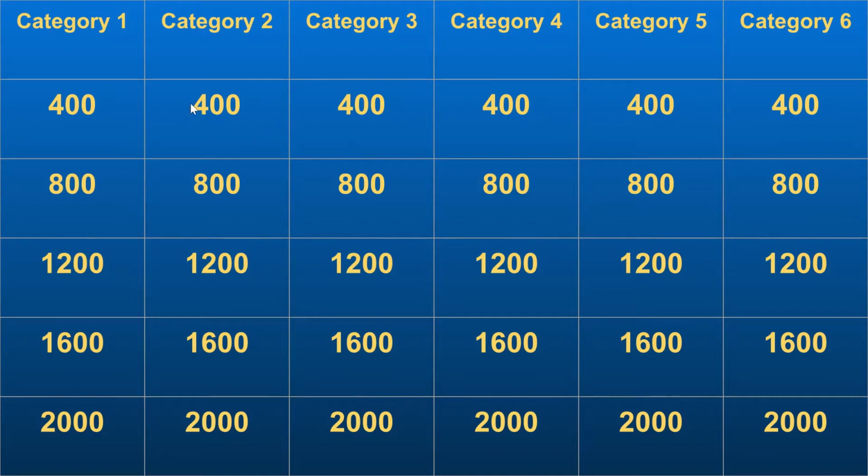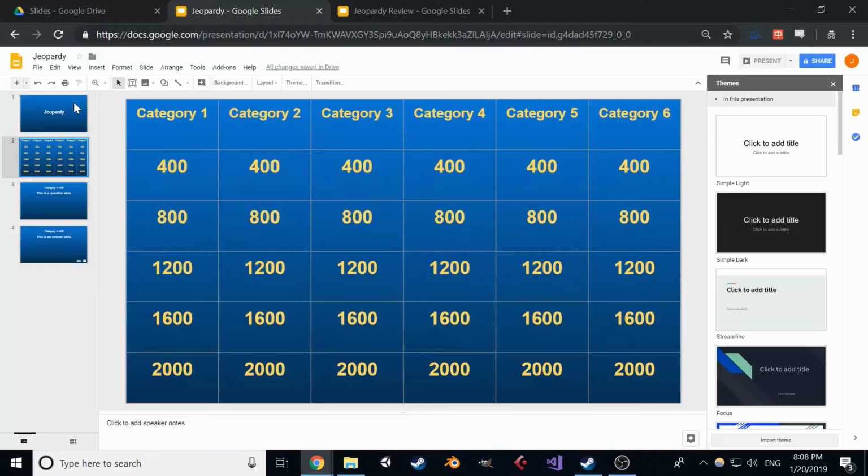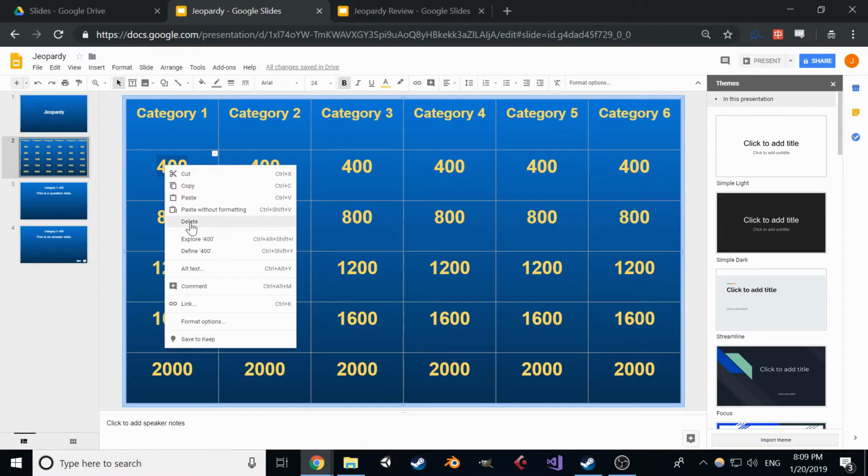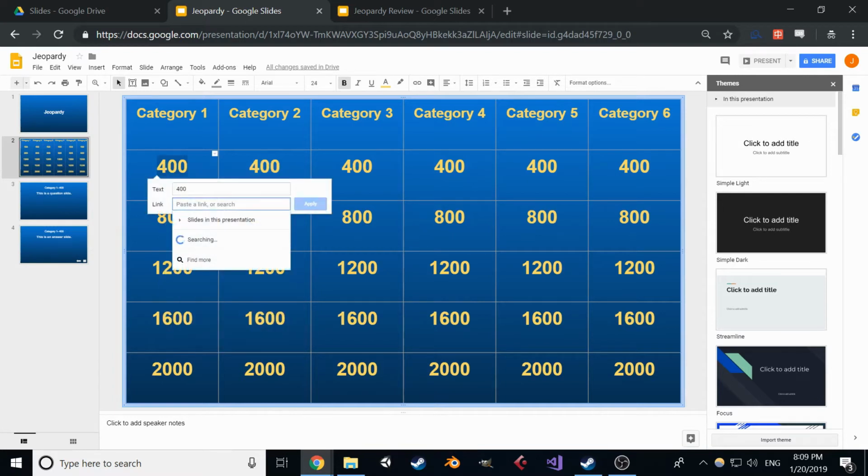So now, let's go ahead and make a link from this to our question. And that's pretty easy. It's done the same way. We can highlight this, right click, link, slides in presentation, and it says slide 3, category 1, 400.